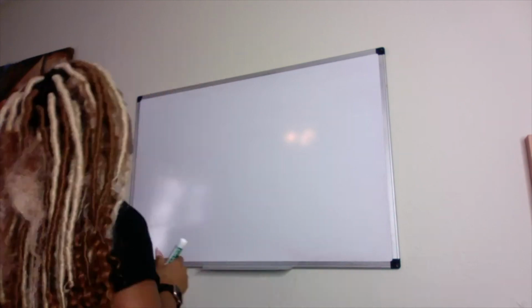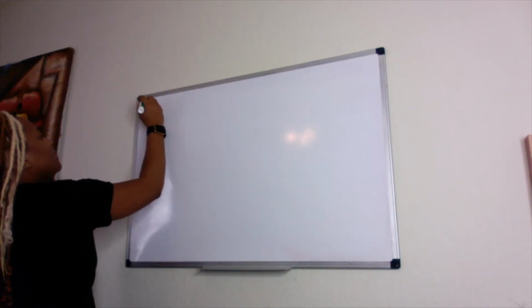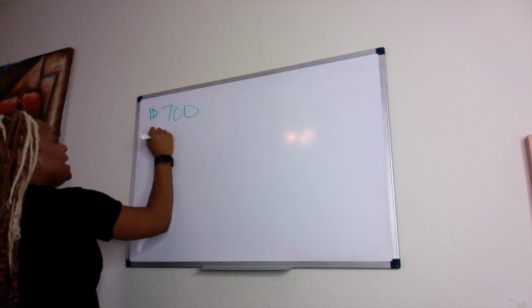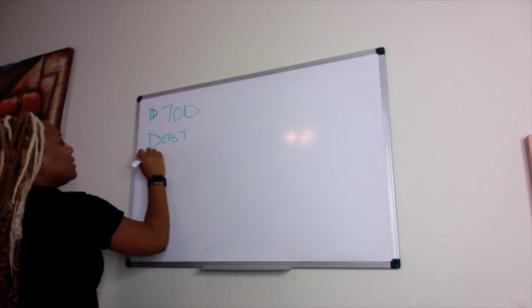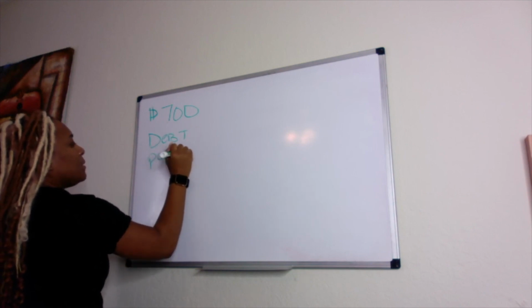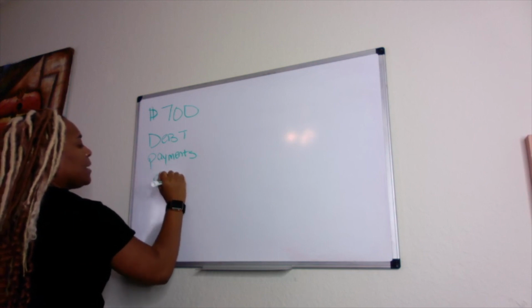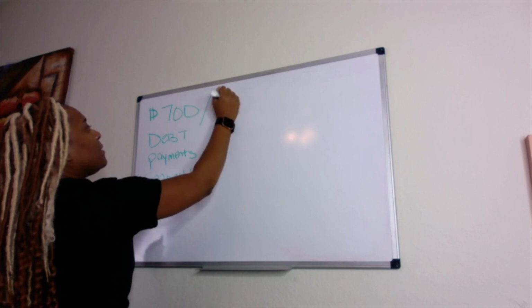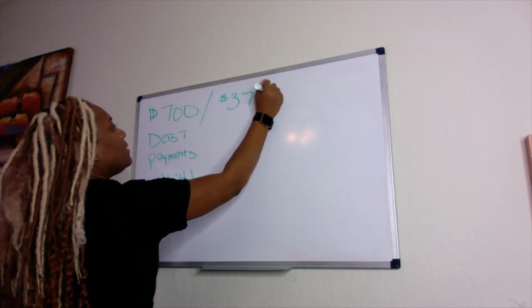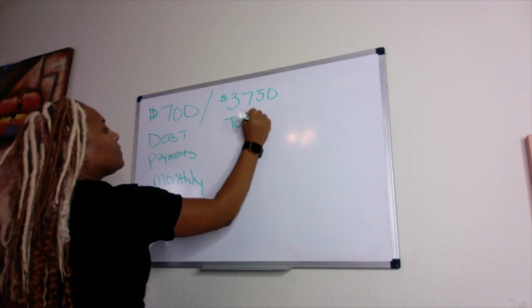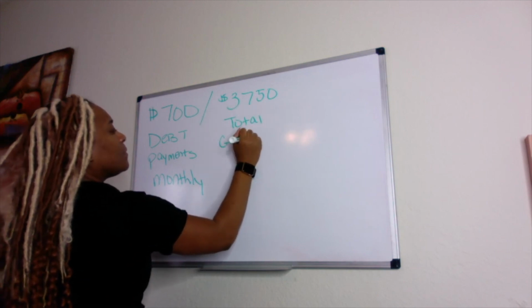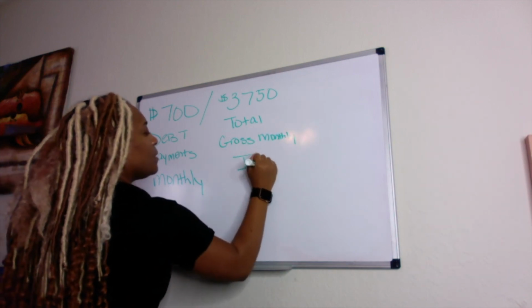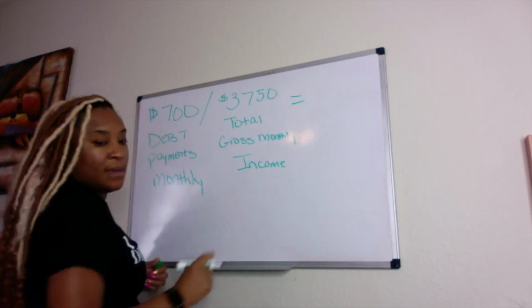So they have $700 of debt payments monthly. You're going to divide that by the 3,750. Okay? What number does that give us?